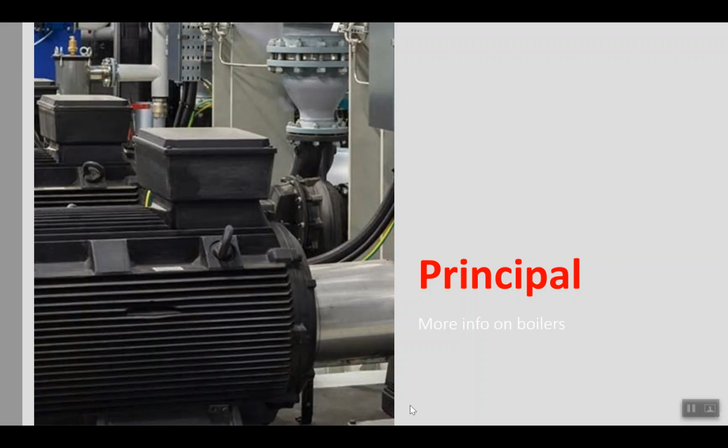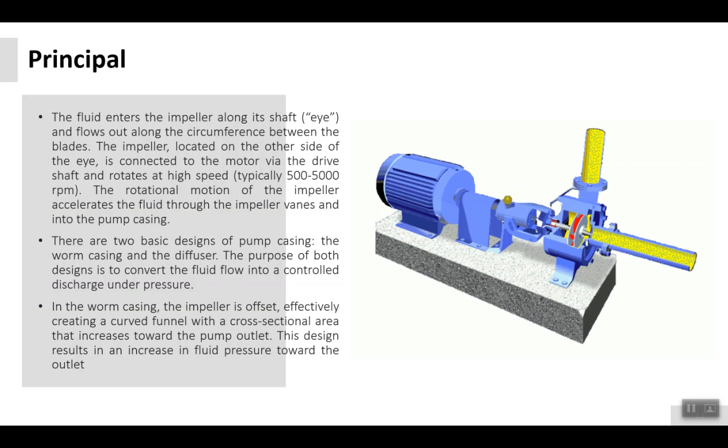As a control engineer, it is better to understand the principle also. The principle is out of the scope of this course, but you can study it on the internet and in mechanical documentation.